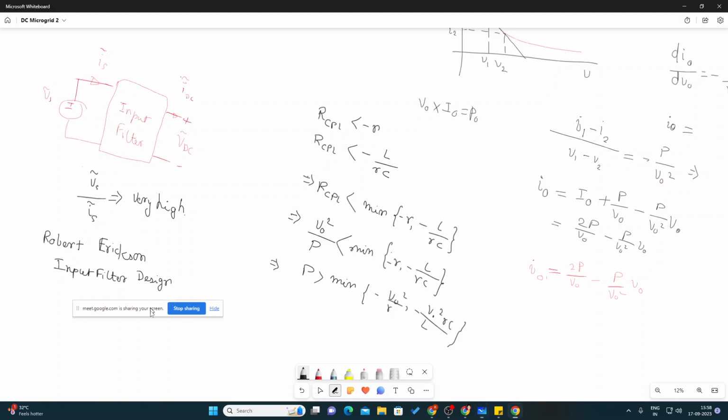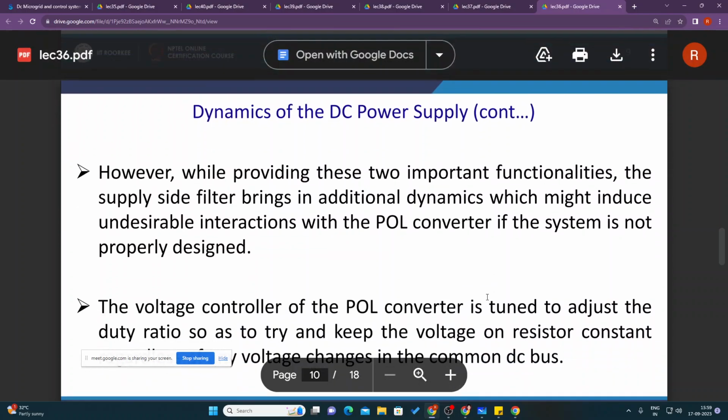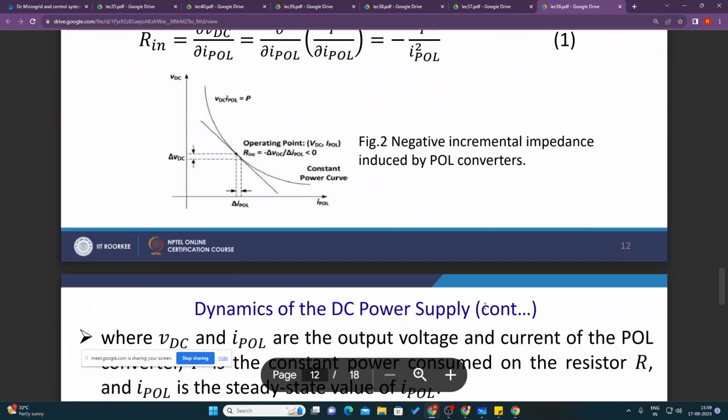That contains all the necessary procedure needed in designing the input filter. The main focus is that any harmonics in the input side must be attenuated. That can only be ensured by making the impedance for the harmonics much higher on the input side. So that's the main idea. Now the procedure you can find in the book. So that's what this portion is all about.